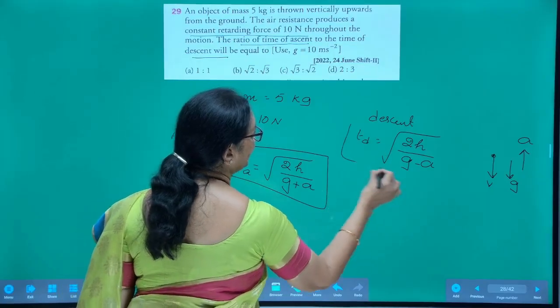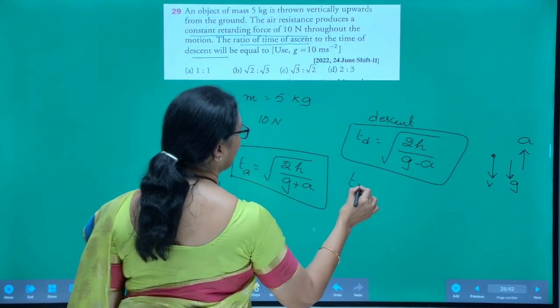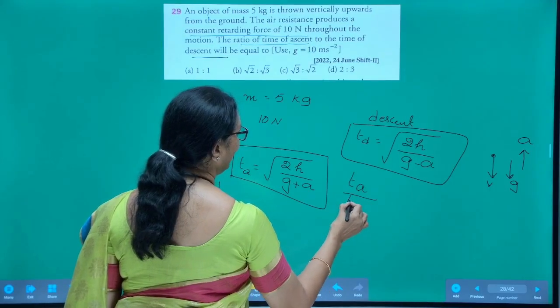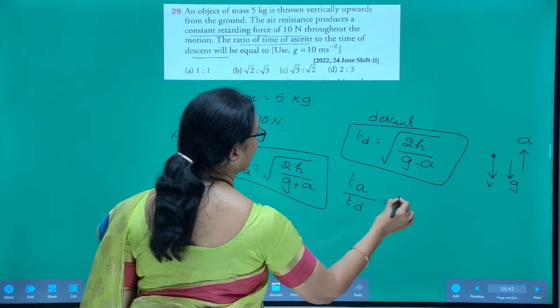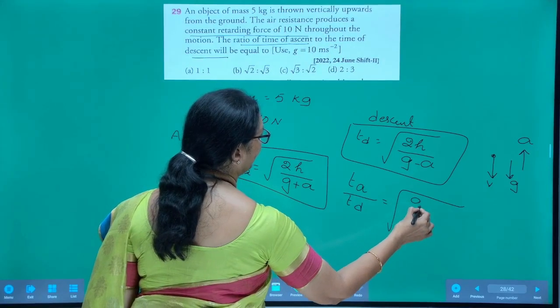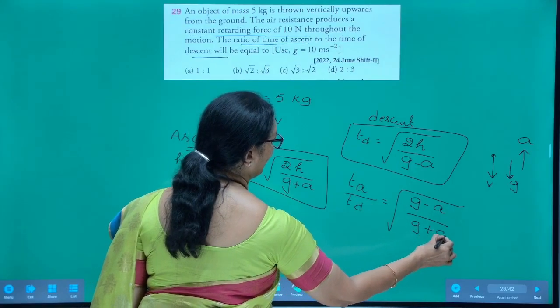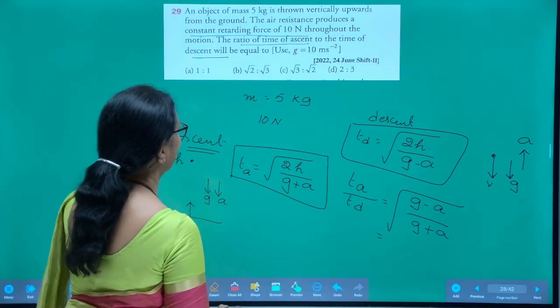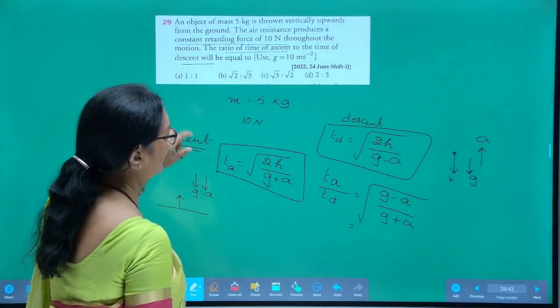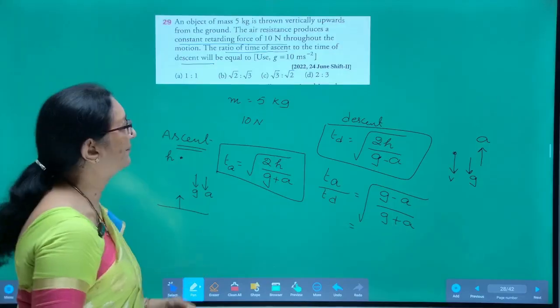So, from these two expressions, time of ascent by time of descent is equal to square root of g minus a by g plus a. If you find the acceleration or retardation due to air resistance, the problem is done.